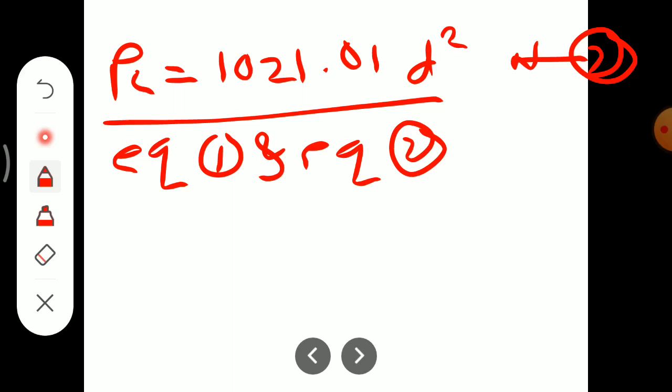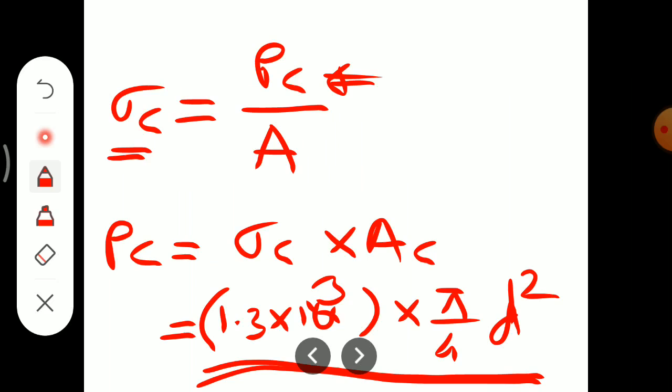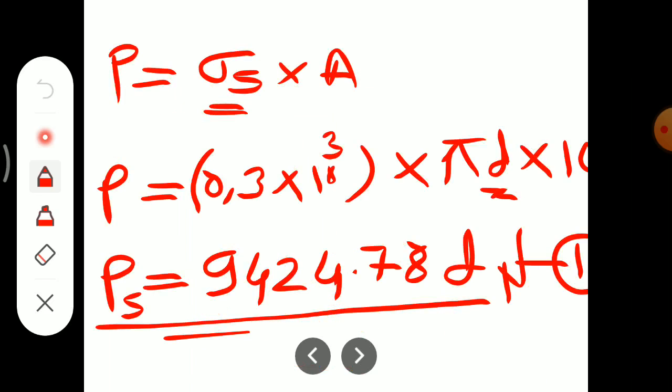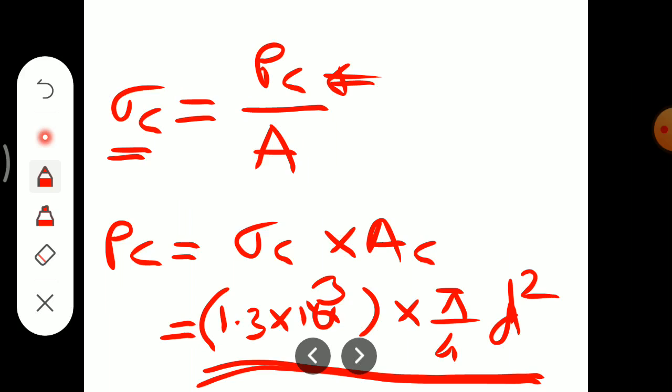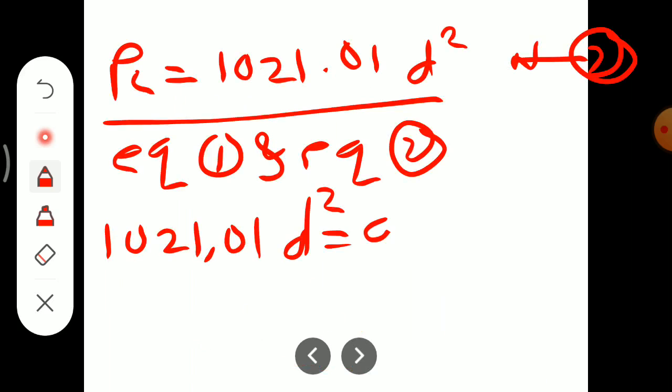Okay, the first one is 1021.01 d square is equal to, and this equation is 9424.78 d.